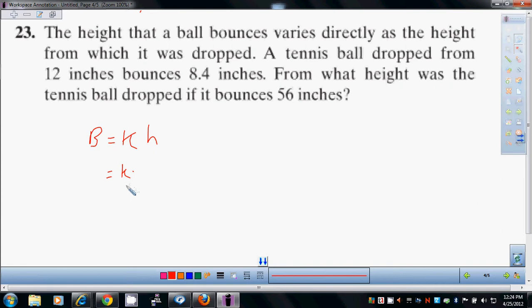Is 12 the H or the B? Ball dropped from a height of 12 inches equals the bounce. Solve for k, and then once you solve for k, you would do the last part. 0.7? Excellent. So your new equation is 0.7h.